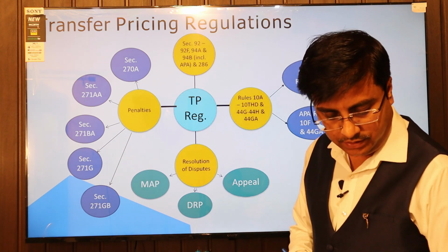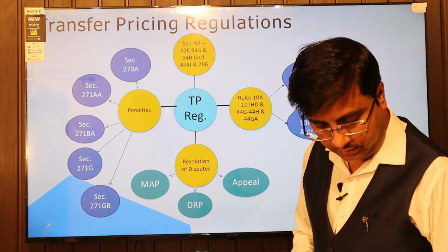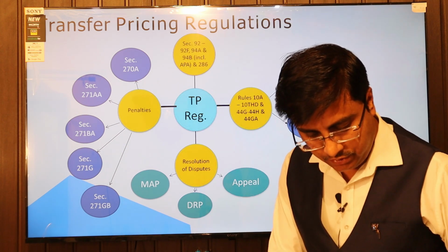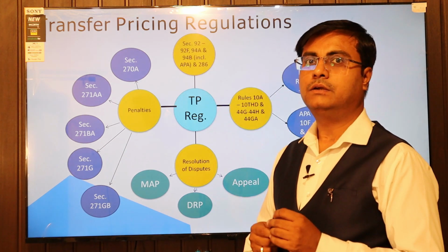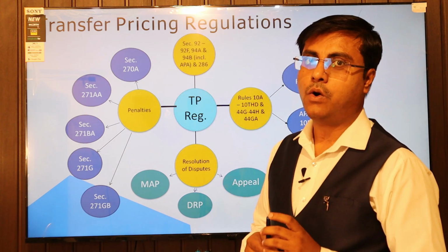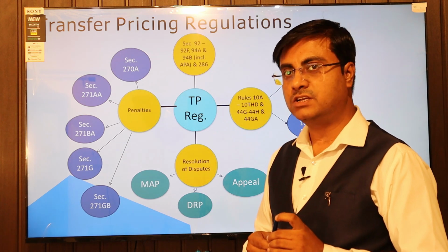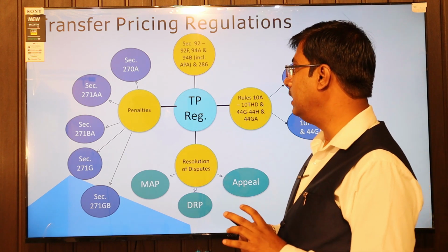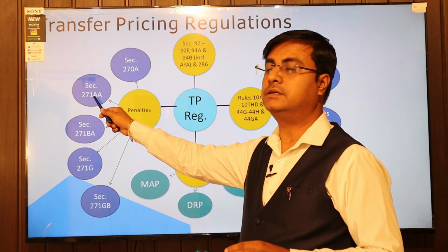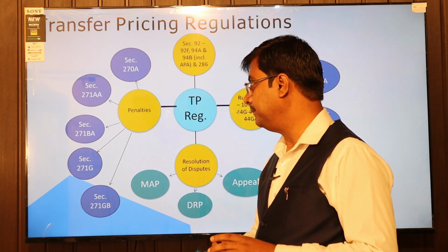Section 271AA is in respect of non-maintenance of records. In TP, you are required to maintain records, file, master file. If you don't maintain them, the department will levy 2% of the international transaction as a penalty.